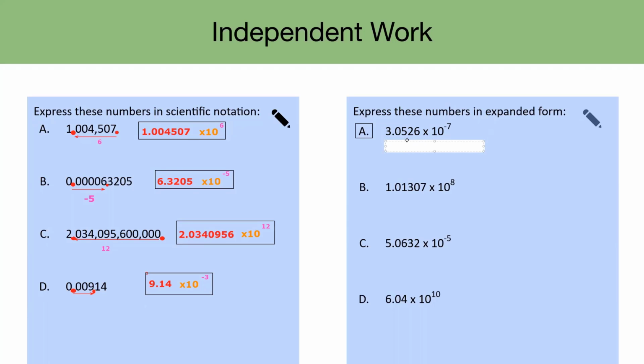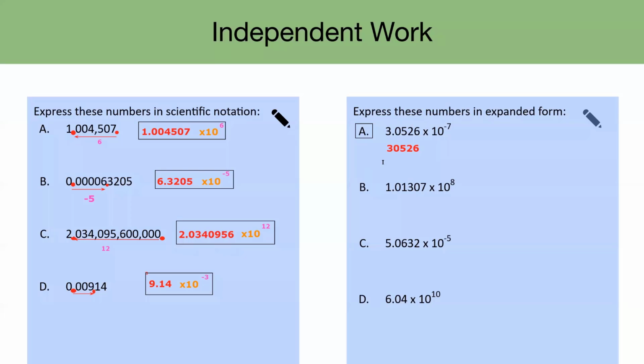So it's going to be 3, no point this time, 30526. Now, you might be going, something looks wrong there. And that's because we haven't expanded this outward yet. Remember, since we have that -7, we are going to take this decimal place right here, and we are going to be expanding it outward to the left to make this number into a decimal.